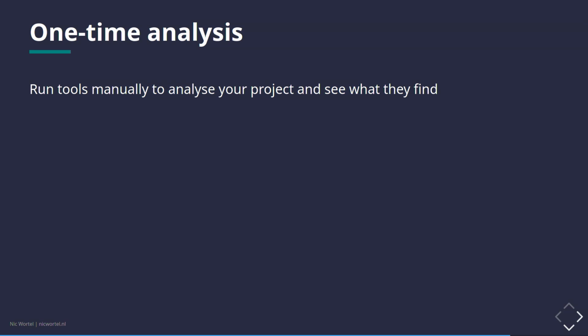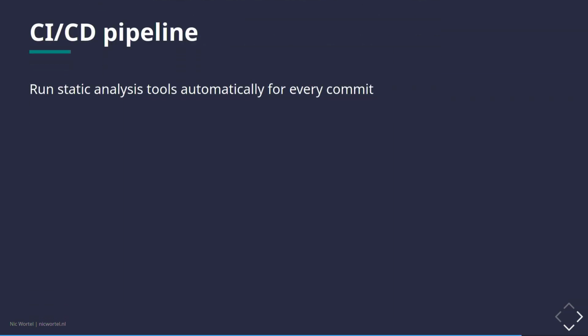I go on the command line, run these tools, and maybe tweak the configuration a little bit to get it working, and then it gives me some information about the project. But of course, we want to do it more regularly, because using it one time is not as useful. The better way is to use it in our CI/CD pipeline, which makes sure that we catch these problems before they end up in production.